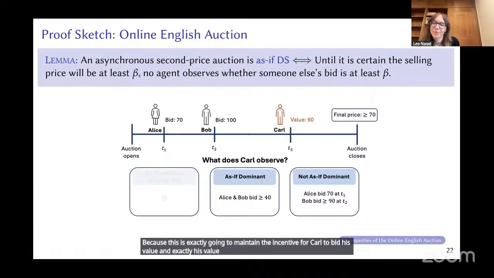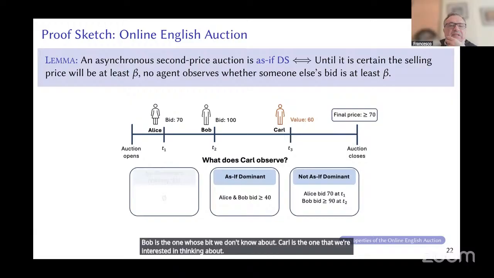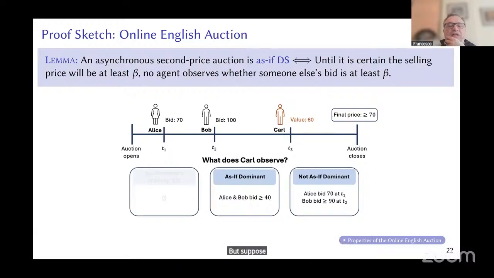Can I ask a quick question? Yep. So you have three agents here, and we're looking at Alice and Bob. Basically, Bob is the one whose bid we don't know about. Carl is the one that we're interested in thinking about. And Alice is the one that provides the anchor. But suppose that you add another anchor below that.